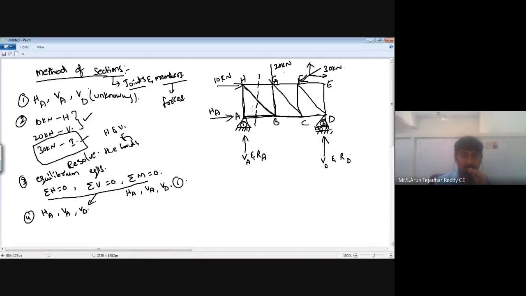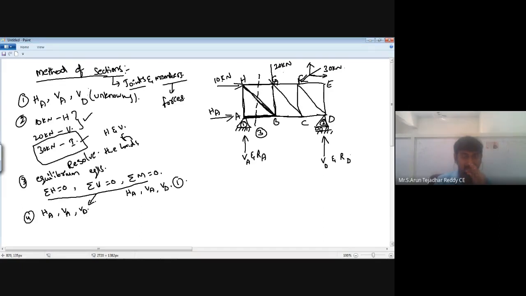Now observe how many members are passing through this cutting section. HG, one member, HB, second member, BA, third member. It means here 3 members. Your point is cut the truss in such a way that the section should not pass through more than 3 members.